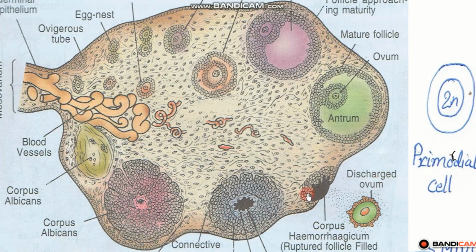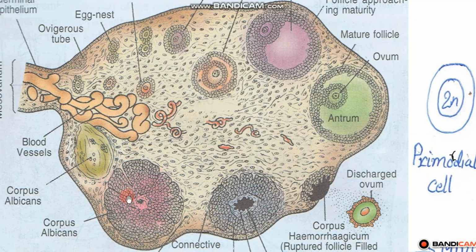From here to here it is 14 days, and for a further 14 days the corpus luteum will stay inside the ovary releasing progesterone. After 14 days it will degenerate and be destroyed, and it will convert into the corpus albicans.